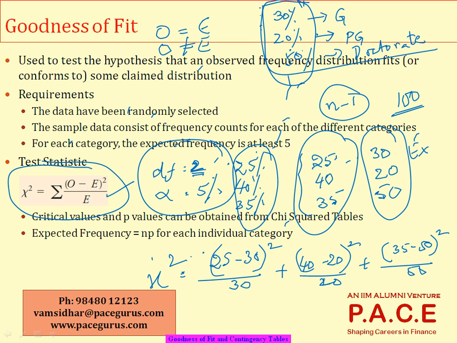Otherwise, I'll go ahead saying the claim is valid. So this is the way I test the proportions as per a claimed proportion.